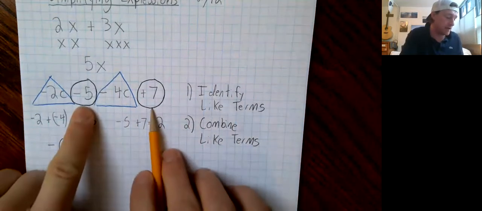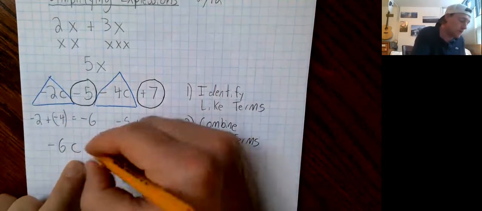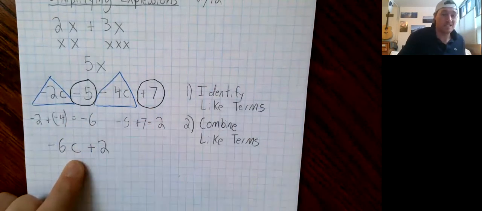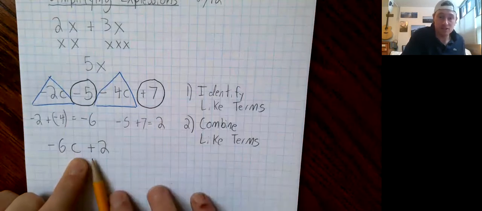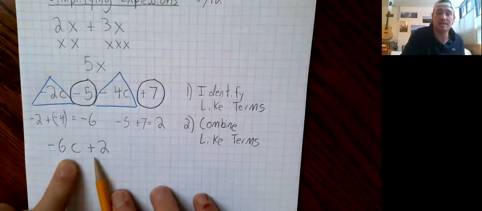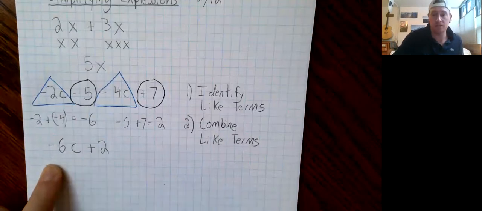So I've combined negative 5 and positive 7, and I get positive 2. So I'm just going to say plus 2. If it was a negative 2, I would say minus 2, but this is a positive number, so I'm going to use addition. And this is my simplified expression, negative 6c plus 2.